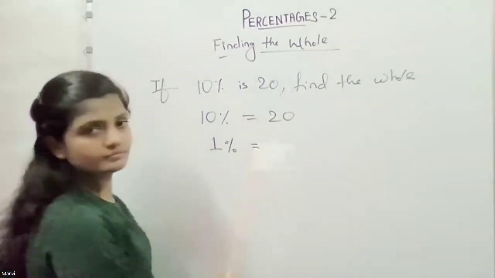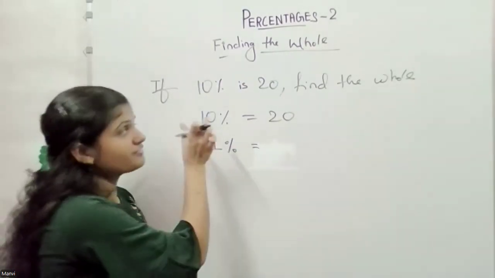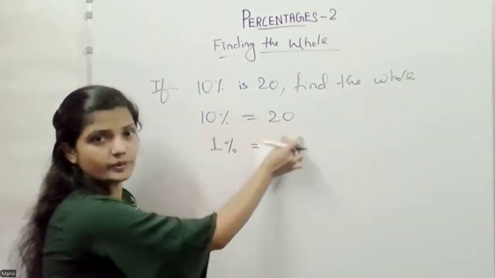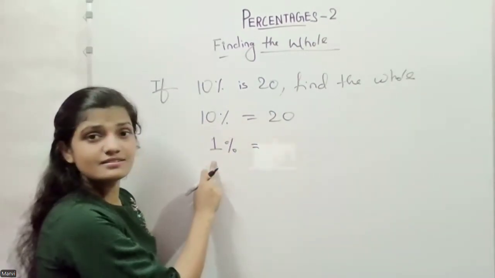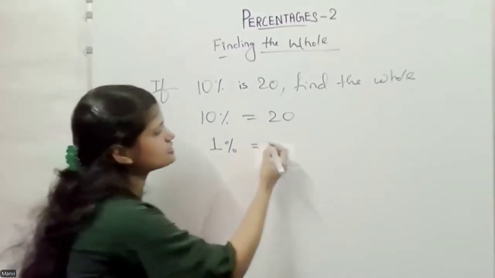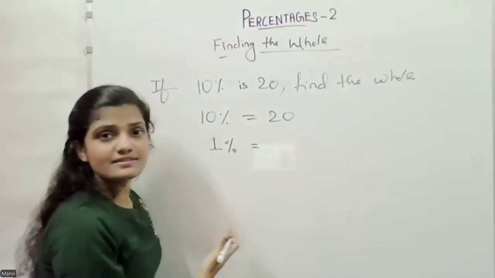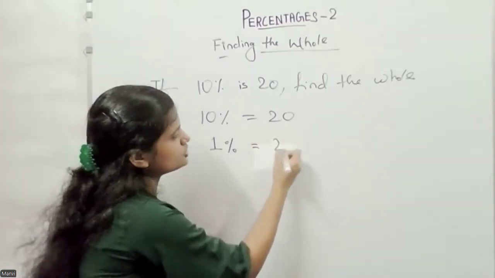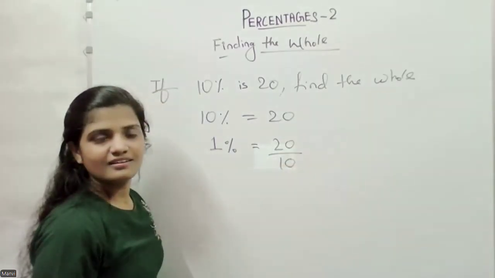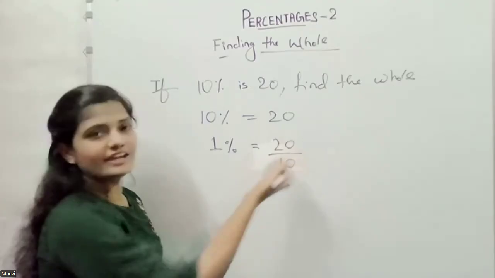If 10% is 20, will 1% be equal to 2? Yeah, 1% is 2. And you know how we are doing this? We are doing this by 20 by 10, which gives us 2. That's how we get 2.